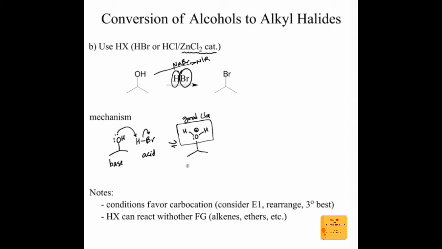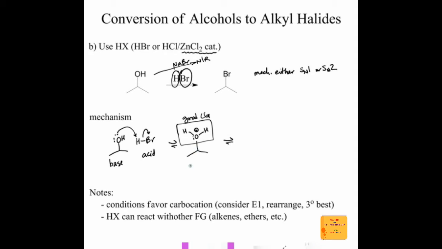So now we can have our substitution. The substitution mechanism here, let me make a note, can be either SN1 or SN2. So once we make a good leaving group, now we can either have that leaving group leave to give a carbocation, or we could have the nucleophile kick out the leaving group with a backside attack.